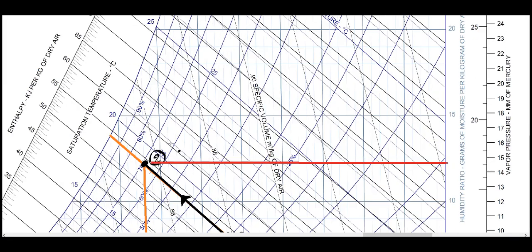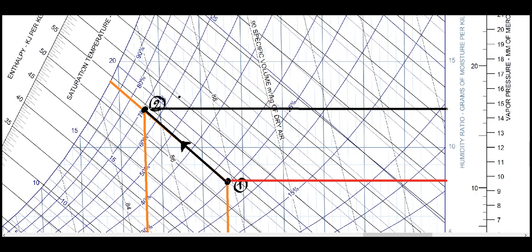So we have now your humidity 1, which is equal to 0.0081 approximately.